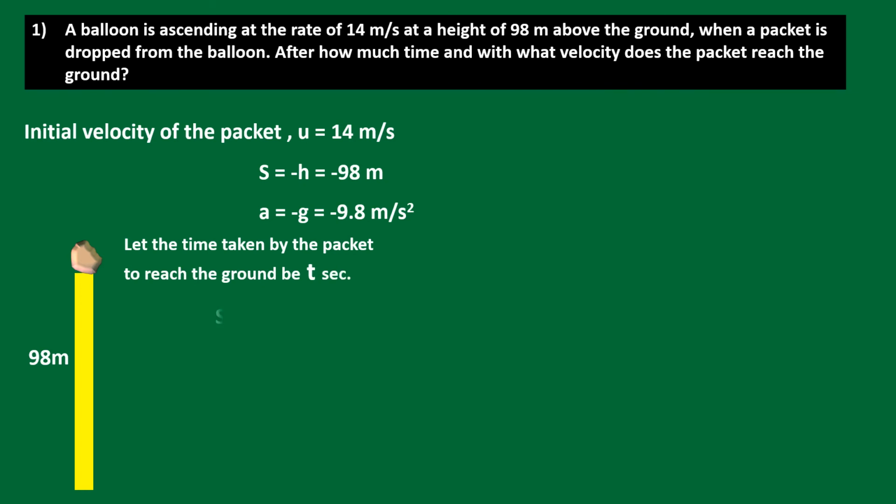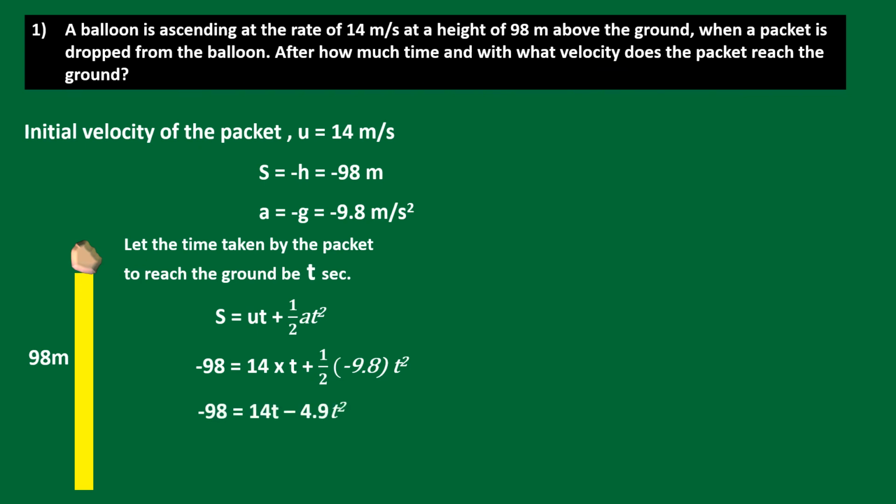Now by using the formula S is equal to ut plus half at square, first we will find out the time taken by the packet to reach the ground. If we substitute the above values, we get minus 98 is equal to 14 into t plus half into minus 9.8 t square.